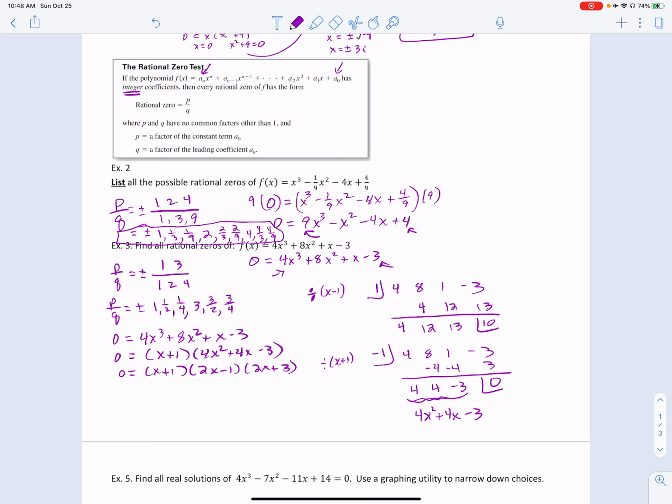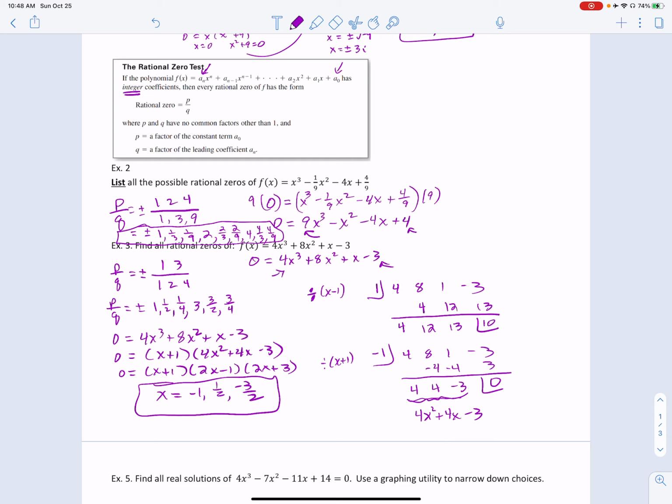A 6 minus 2 is 4, so that's good. And so my zeros, or my roots, are -1, 1/2, and -3/2. Notice the 1/2 and the -3/2 were in our list of possible rational zeros.